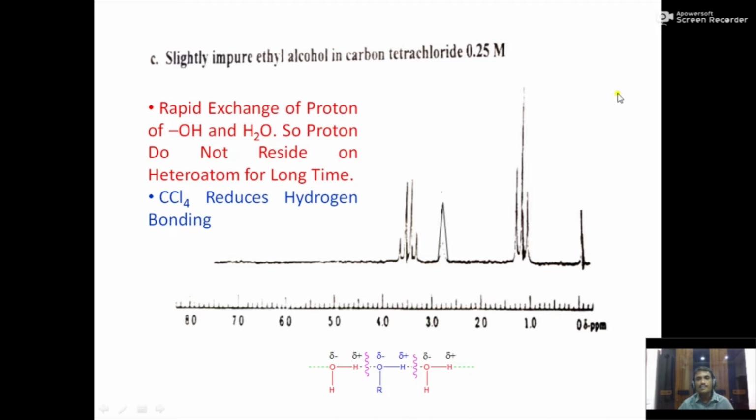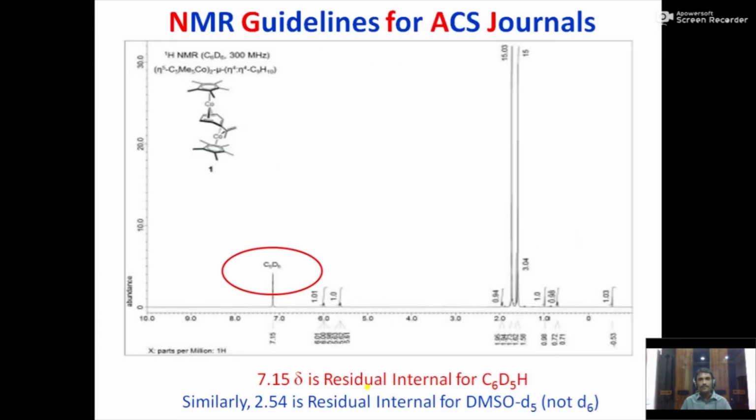Then the second signal is a triplet due to CH3. Then the OH singlet is there, and then the quartet. This is happening because of the addition of carbon tetrachloride, which reduces the hydrogen bonding between the alcohol and water molecules.